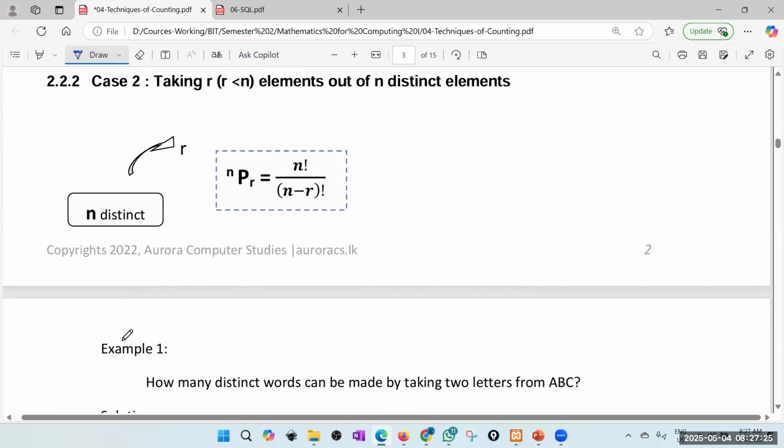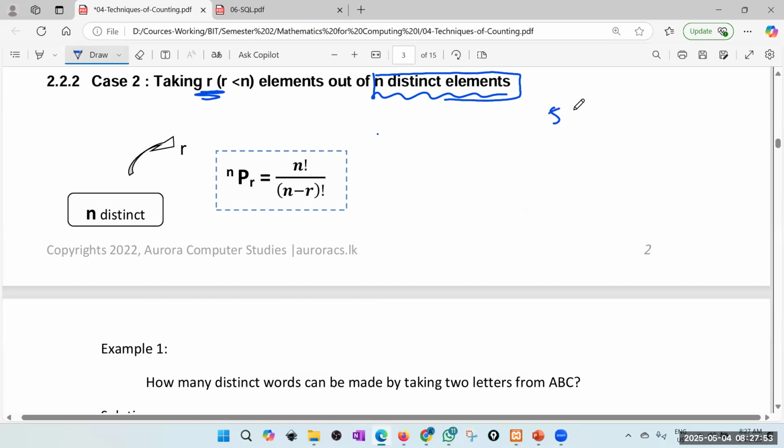Right. So let's look at scenario 2. If you have n distinct elements, again distinct elements, but this time you don't take all n. Rather you take only r of those, where r is less than n.